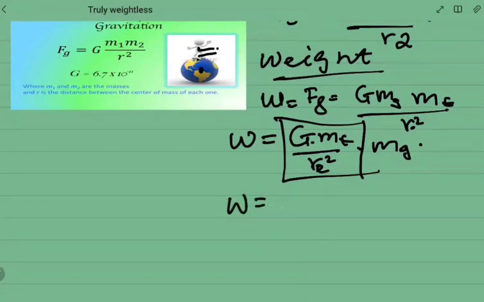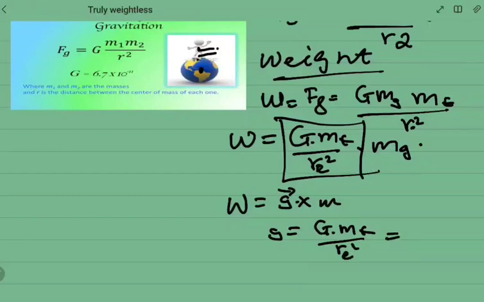So the weight of someone, which is the gravitational force between that person and the earth, is given by g times its mass, because this g is the same as the gravitational constant times the mass of the earth over the radius of the earth squared.